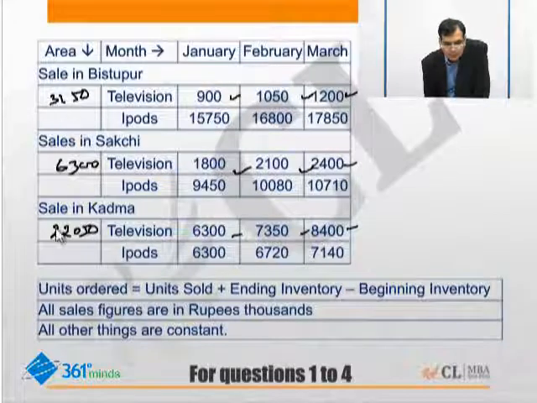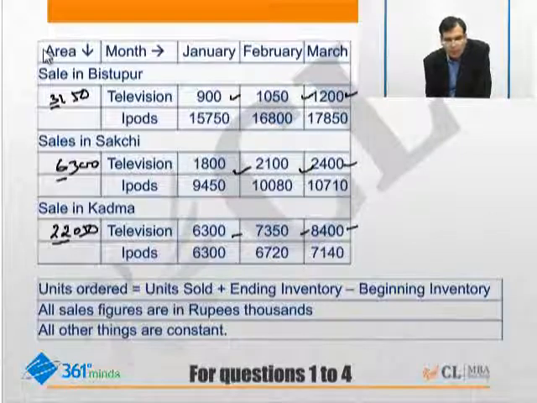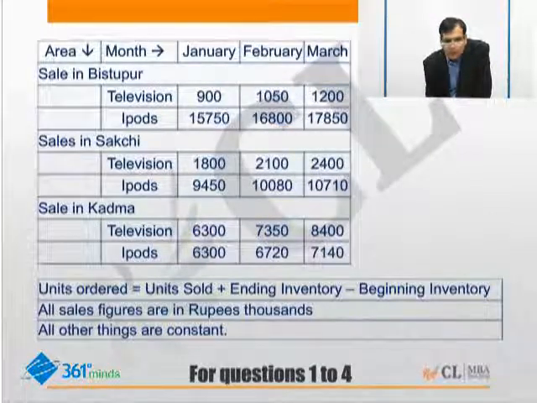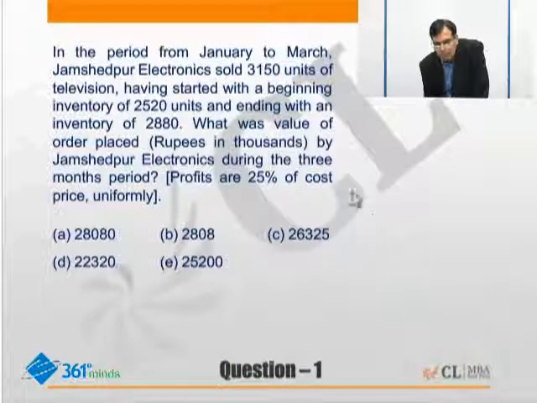So only the television bit would be 22 plus 6, 28, and 3, 31,500. In other words, the total sales of television for the period is 31,500 rupees.